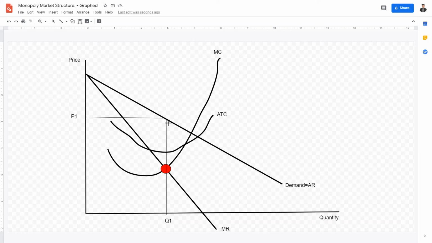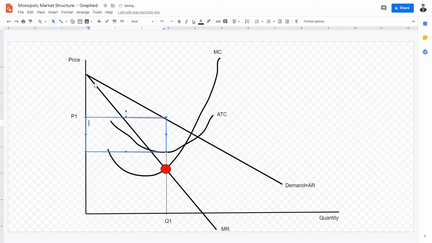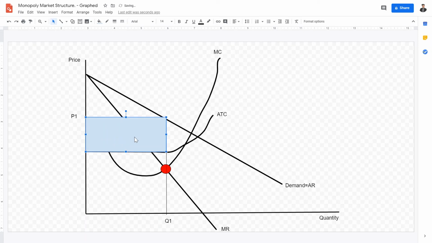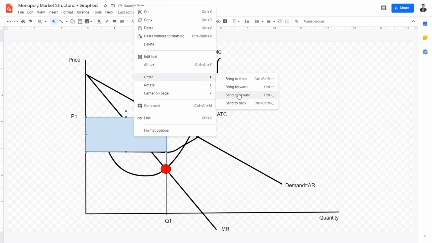So we go to this profit maximization. We look at the profit maximizing quantity output. We come here and we link to the average total cost. We take the intersection between the profit maximization quantity and link it to the cost, to the y-axis. This box right here that I'm highlighting, I'm gonna make this box blue, I'm gonna send this to the back.